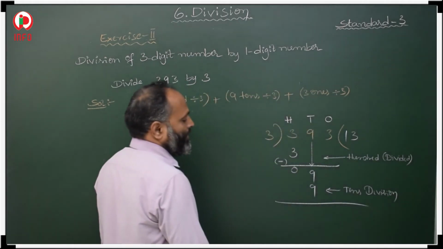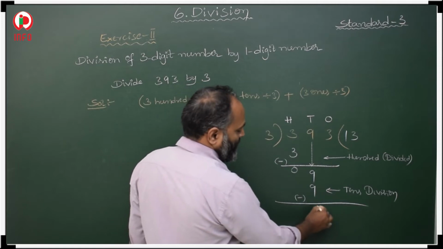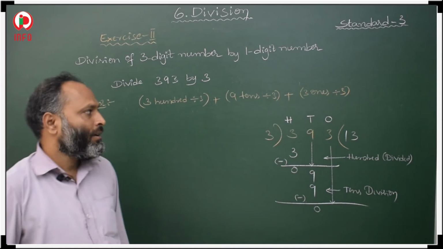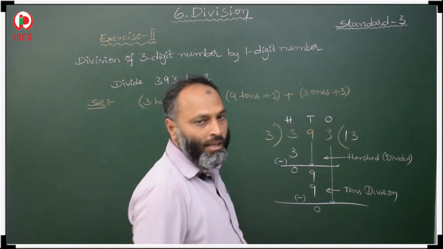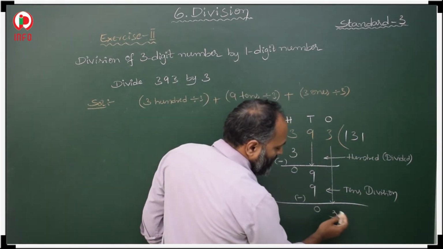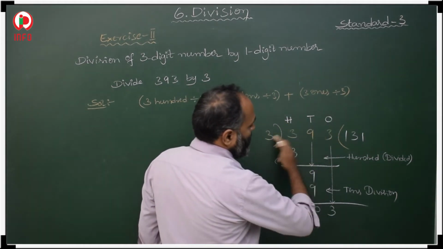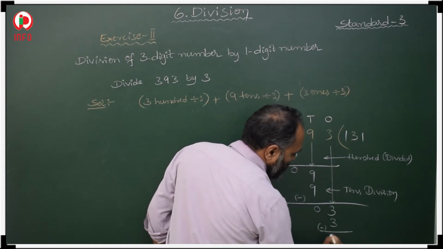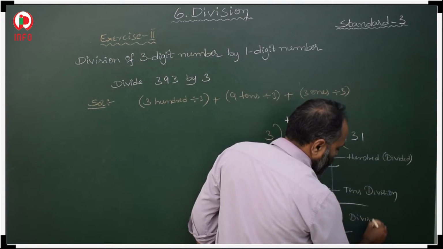Then after that, 9 minus 9 is 0, no need to take it, but if you want, you can take it. Then after that you have to take the ones place. In the 3 table, when will you get 3? 3 ones are 3. First we have to copy 3. Then 3 minus 3 is 0.